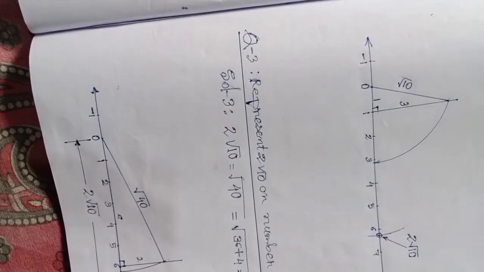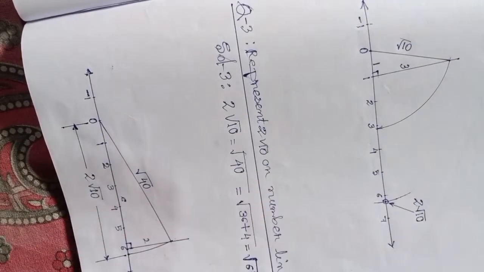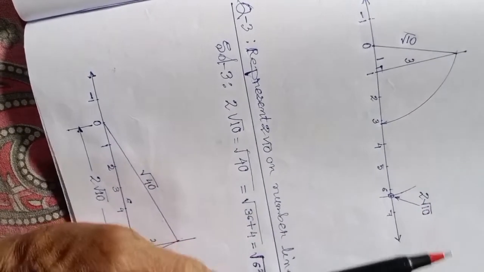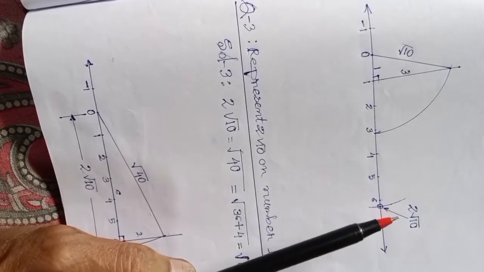Draw that one. So this is the value showing here, 2 root 10 on the number line.